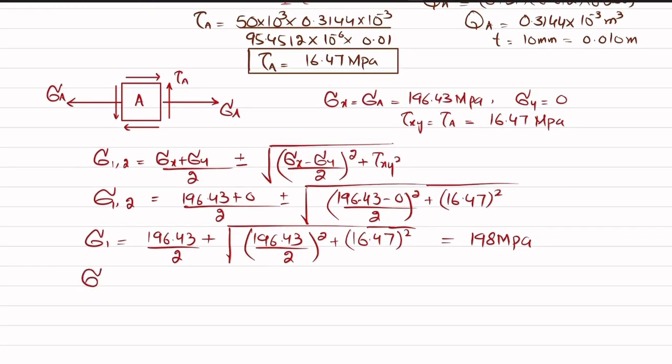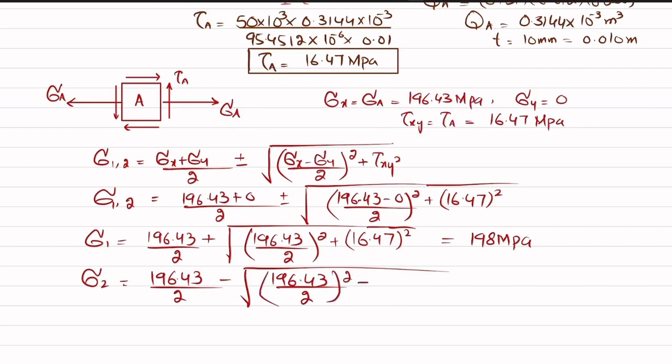Similarly, you can calculate sigma 2, and sigma 2 will be equal to 196.43 divided by 2 minus under the root 196.43 divided by 2 whole square plus 16.47 whole square. And when you calculate it, you will get minus 1.37 megapascal.